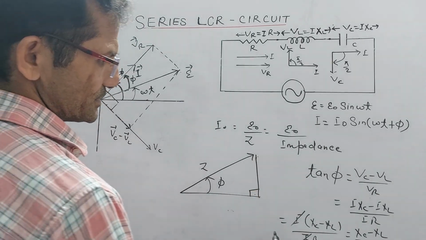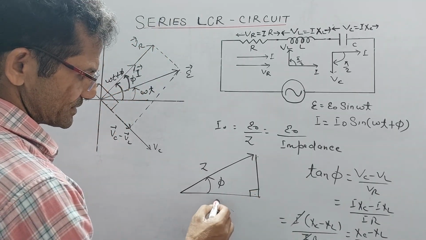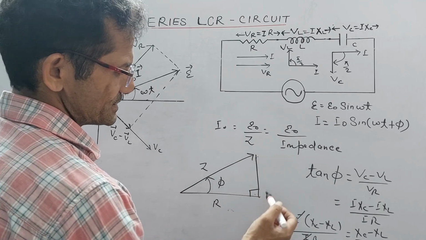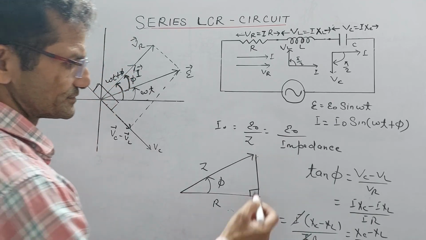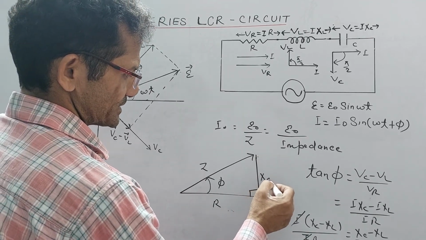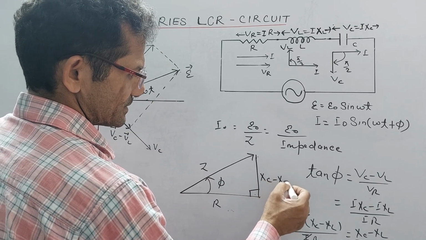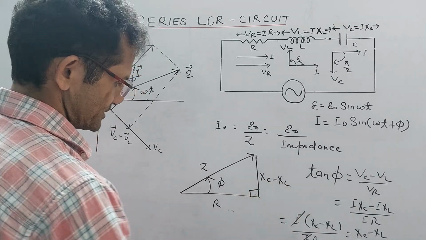So you already know that this is the resistance across the resistor, and this is the reactance XC minus XL. So from here tan phi becomes this one.